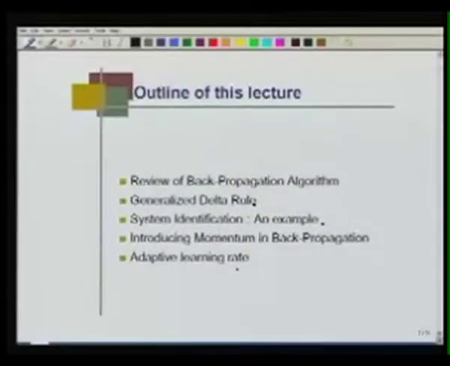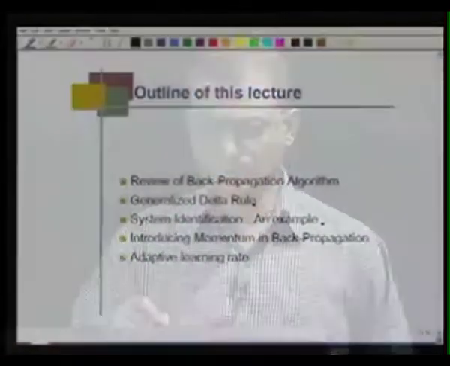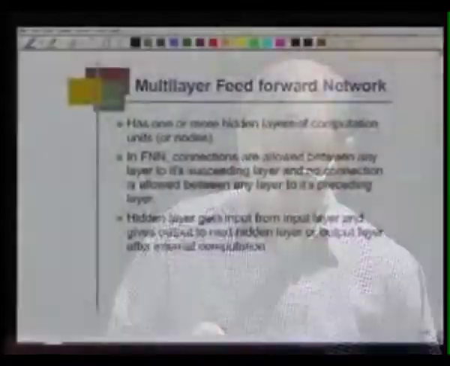The reason being that this particular analysis would need the concepts of nonlinear stability for nonlinear systems, that is Lyapunov function and Lyapunov function based stability theory. So, these notions have to be reviewed before we can talk about a very comprehensive method of computing adaptive learning rate for the backpropagation network. Okay.